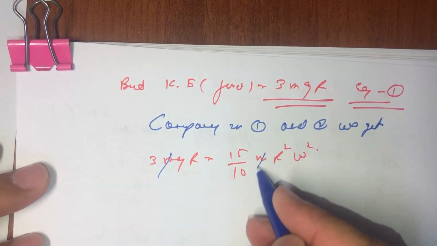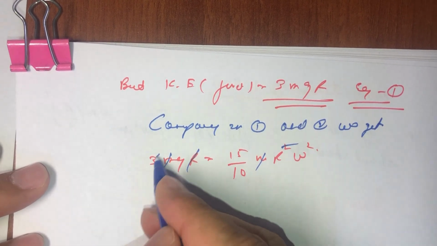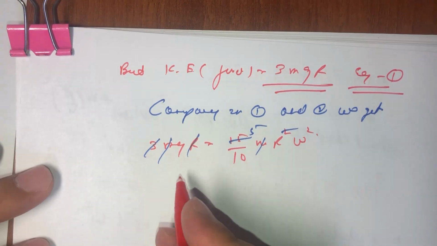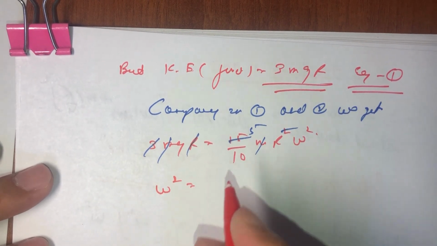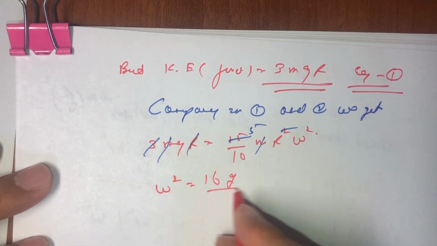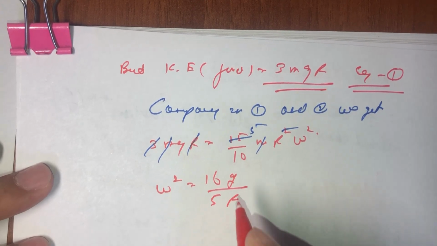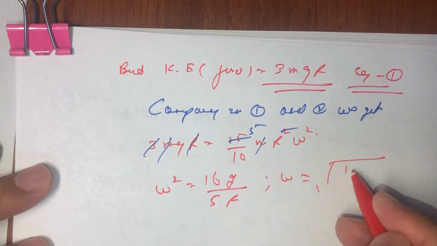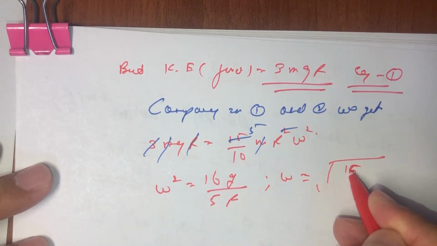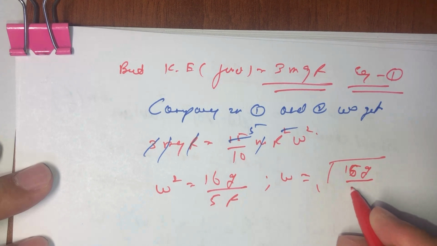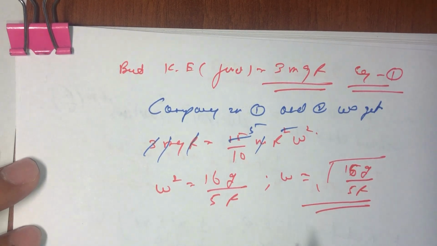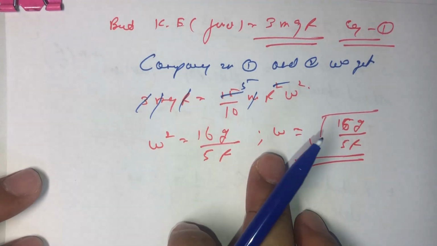M cancels with m, r goes with this r, and this cancels by 5. Therefore we get that the angular velocity omega square will be equal to 16g upon 5r, or we can say omega is equal to the square root of 16 g upon 5r. And we already know the relationship between the linear velocity VA and the angular velocity omega.